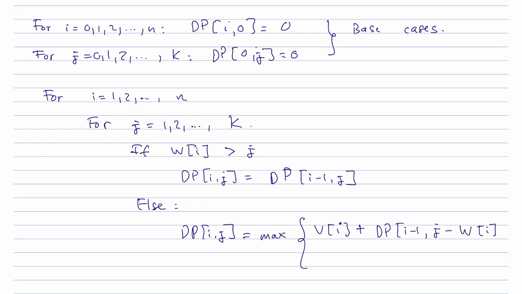Okay, so if we select item i, this is the best that we can get. We get the value of item i plus the most value we can get from items 1 up to i-1, restricted to a smaller weight j minus w_i.